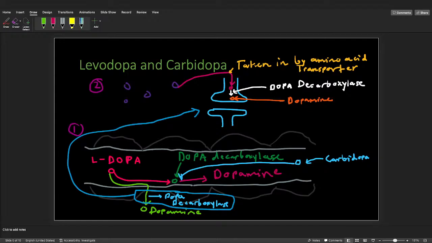Levodopa is essential in replenishing the dopamine inside the neuron. When levodopa gets broken down into dopamine in the blood, dopamine won't be able to get into brain tissue, whereas levodopa can get through brain tissue.